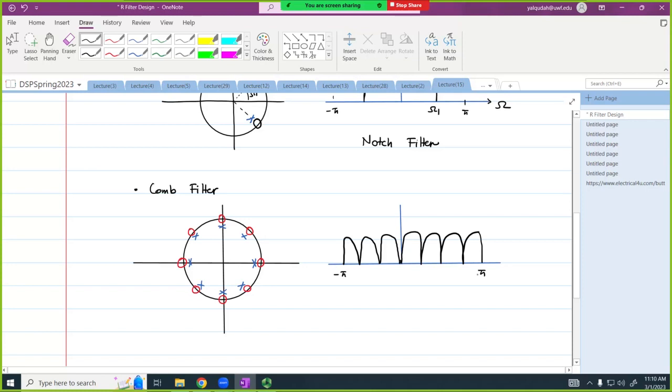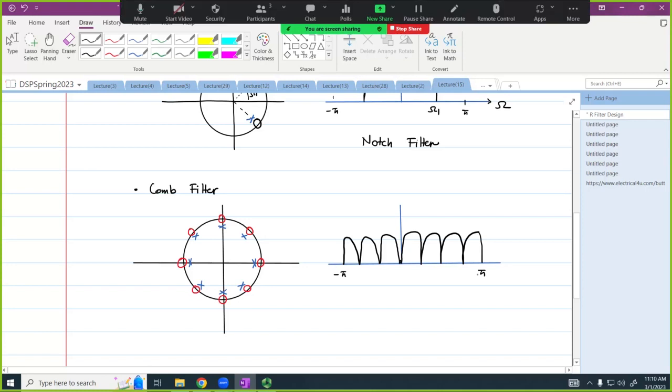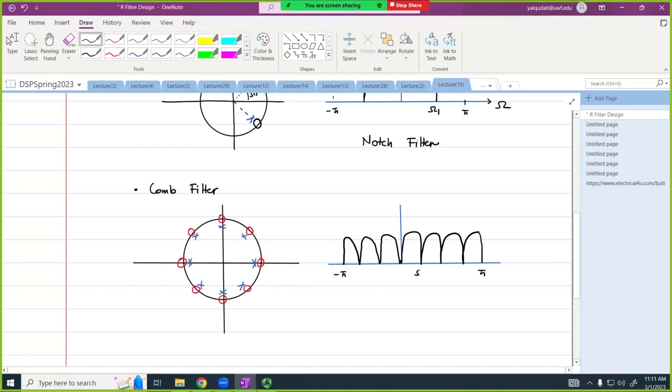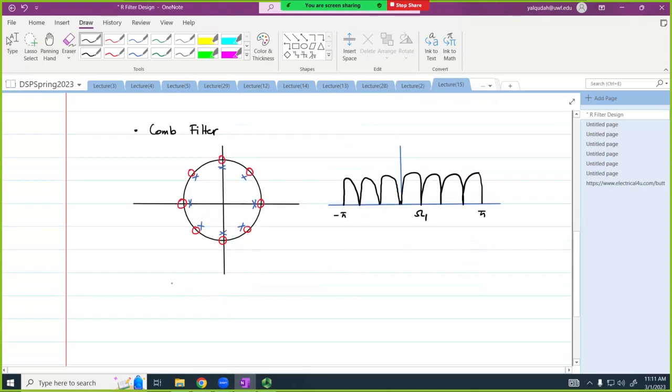So what is this filter going to do? It's going to remove this frequency, this frequency, this frequency, this frequency, etc. Okay. So this comb filter is like a notch filter that repeats periodically.